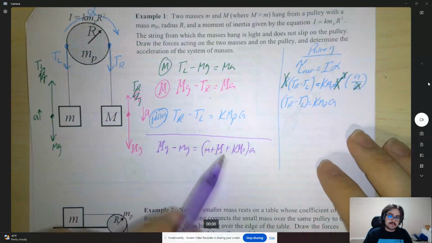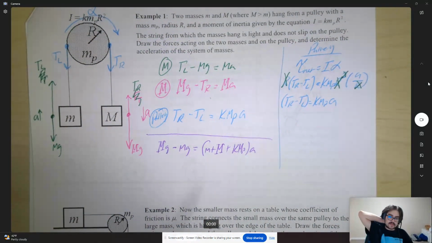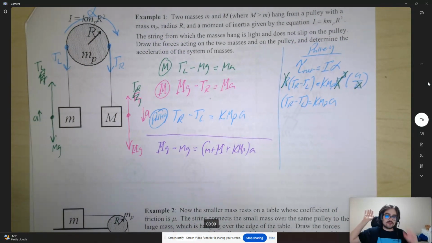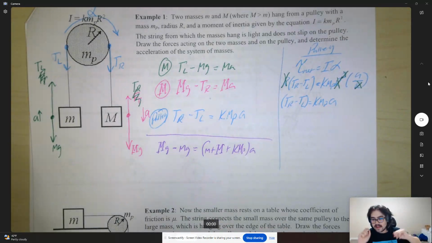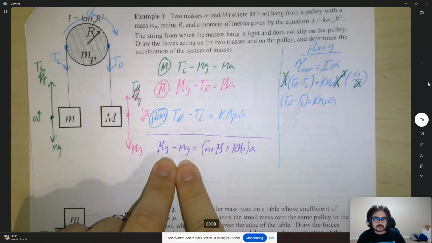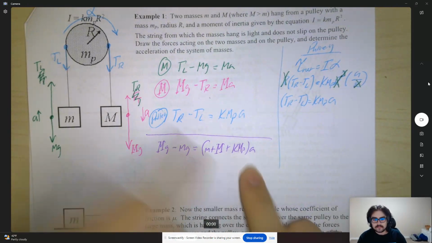My net mass times acceleration. The reason I'm using kmp is because that's the rotational mass in a way of the pulley. So that's what's important. So net force, ma.